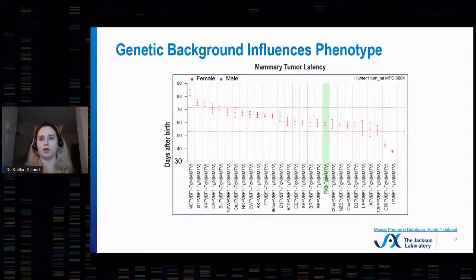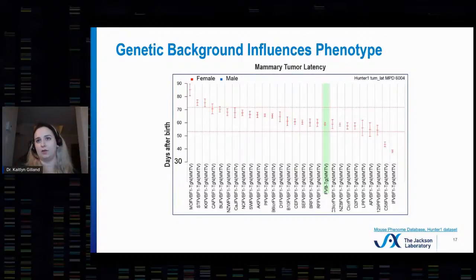What they found is that the genetic background of the mother contributed to the phenotype of the offspring. You can see here in the first column, if the female was a MOLF/EiJ bred to a male FVB transgenic mouse, the offspring took much longer to develop tumors than the control FVB mice highlighted in green.